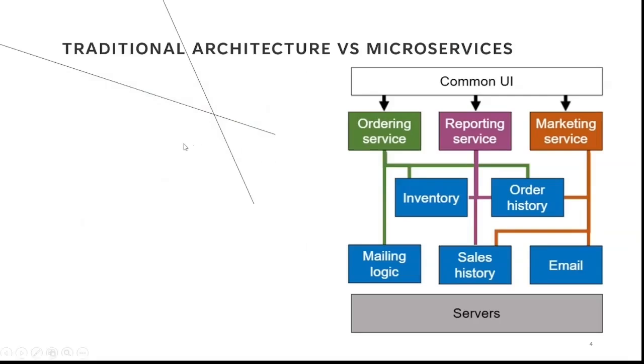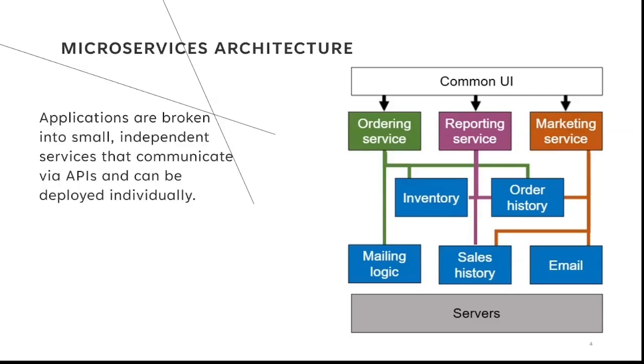As we can see here, we have three services: ordering, reporting, and marketing service. Each service can scale and be developed independently, and in case of failure, it will not affect the entire application. So in order to achieve this setup, containerization technology comes in.